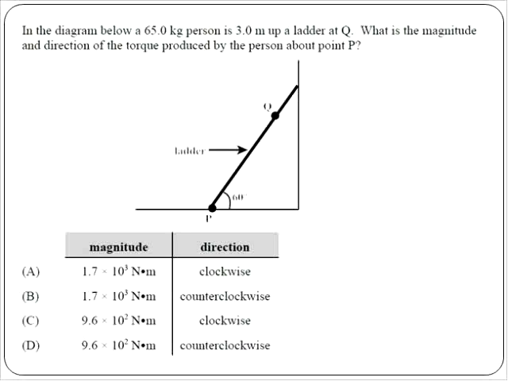Let's try this one. This time we've got a ladder. Now, ladders can be tricky because ladders have angles in them. So for this ladder, the torque for the person at this point Q, remember, for a person standing on the ladder, the force would be the force of gravity straight down. So there's our force. Now what that means is, now we got to figure out what this angle is right here.